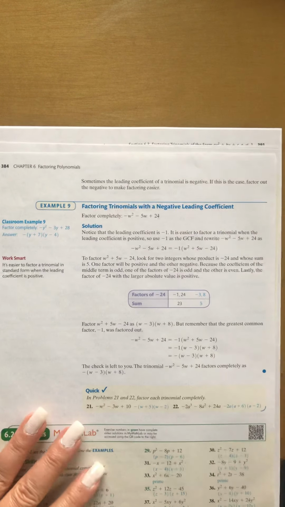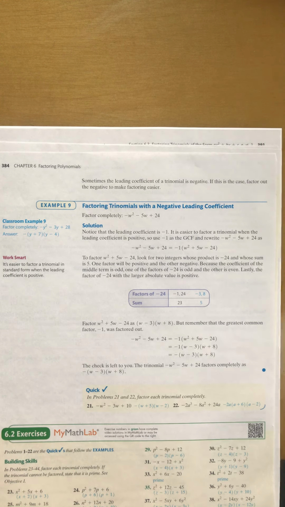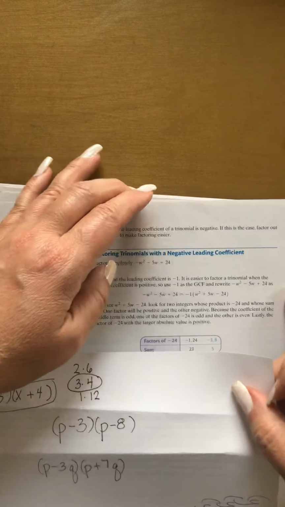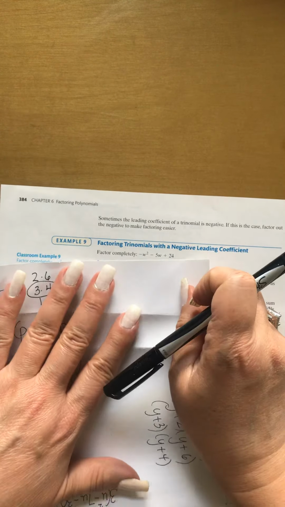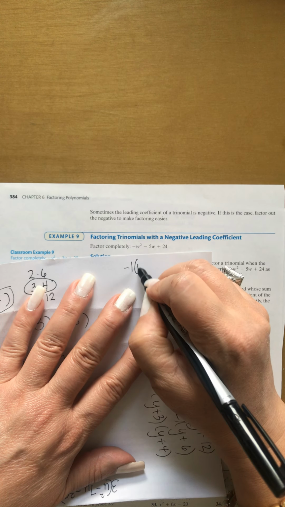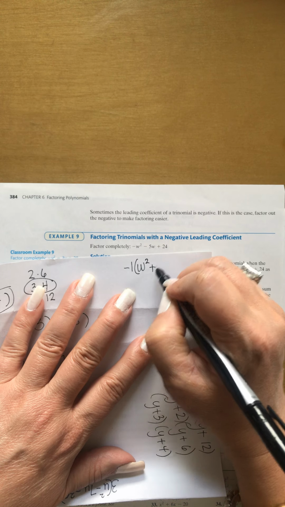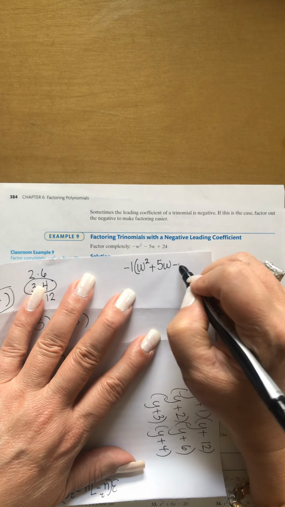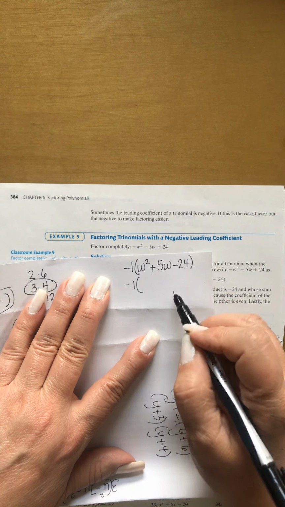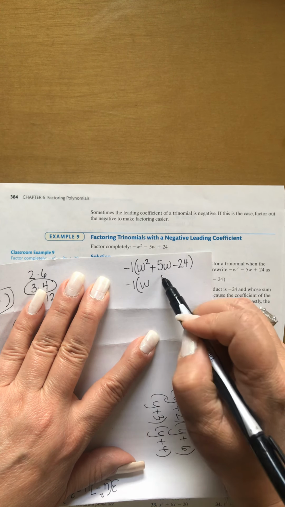And I believe the last problem, this one has a negative out in front. Always pull out a negative. If you have any negative, pull it out first. So I'm going to take out a negative 1 here. I'm left with w squared plus 5w minus 24. So now what you want to do is say what times what? Well, let's do w's.